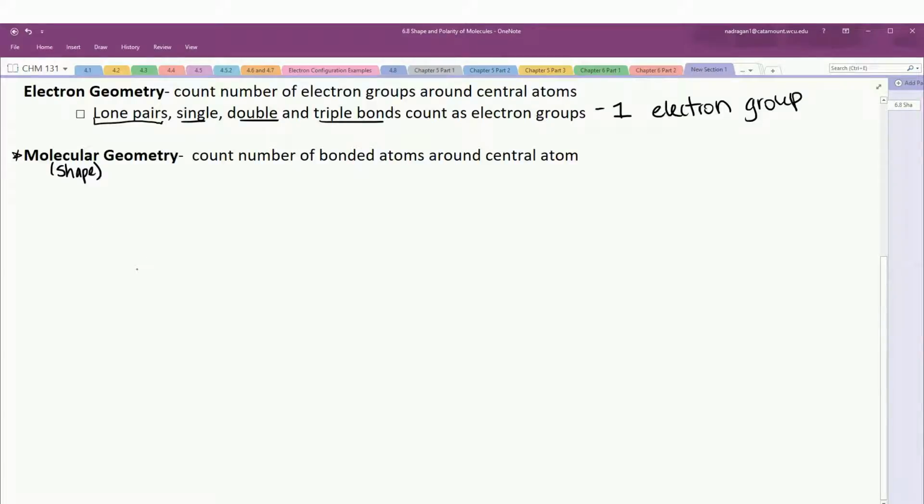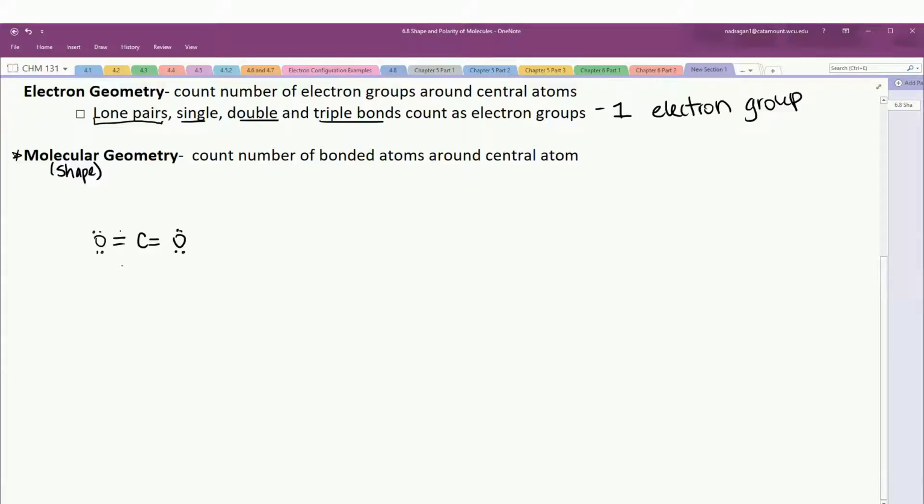So, for example, I'm going to draw our CO2 that we drew earlier with our 4 lone pairs around each oxygen and 2 double bonds between the oxygen and the carbon.